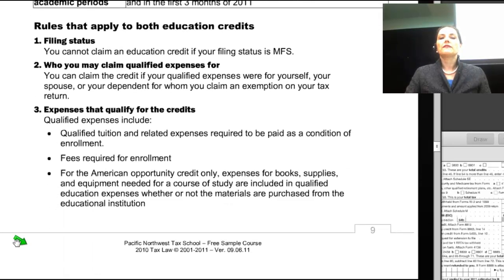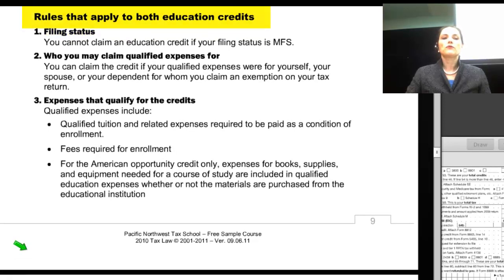So let's take a look at the rules as they apply to both credits. Firstly, filing status. You cannot claim an education credit if your filing status is married filing separate. You may claim qualified education expenses that you paid for yourself, your spouse, or your dependent for whom you claim an exemption on your tax return. What expenses qualify for the credits?